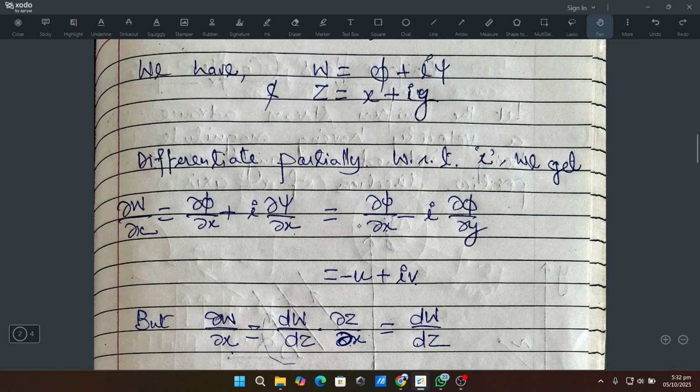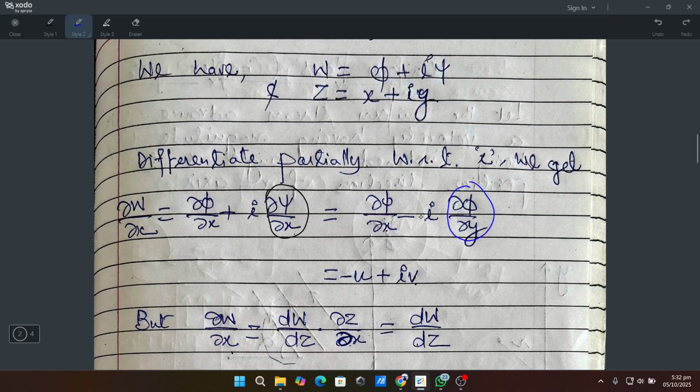Now, in place of this d psi dx, what we can write is negative d phi dy. How? Let's take a look at this equation.